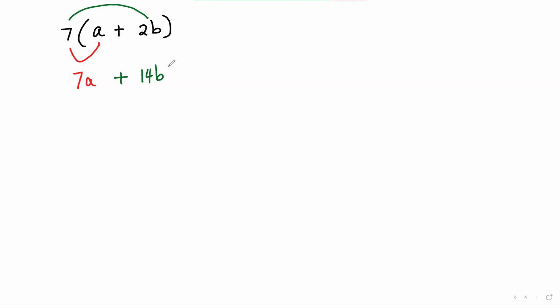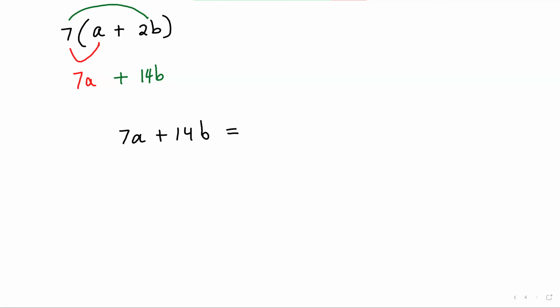Now, this week, we're going to look at going from 7a plus 14b to the factorized form. So 7 times (a plus 2b) is actually the factorized form of 7a plus 14b. And why is that? Well, when you're factorizing, look at the coefficient and then look at the variable. With 7a and 14b, the common factor here is 7, because 7 could go into 7a and 7 could go into 14b.